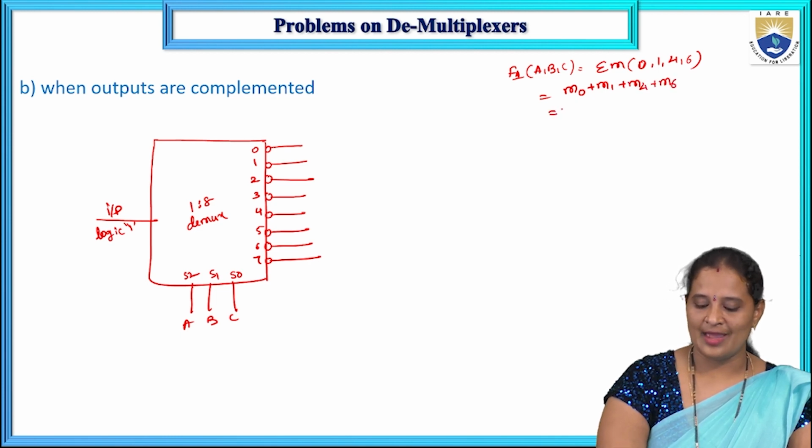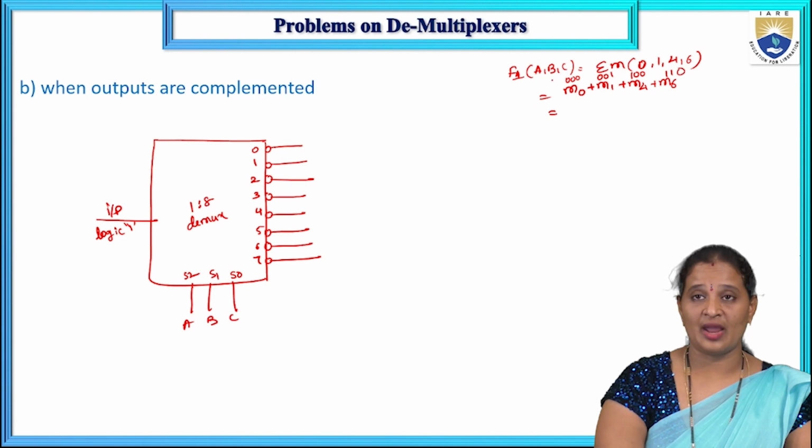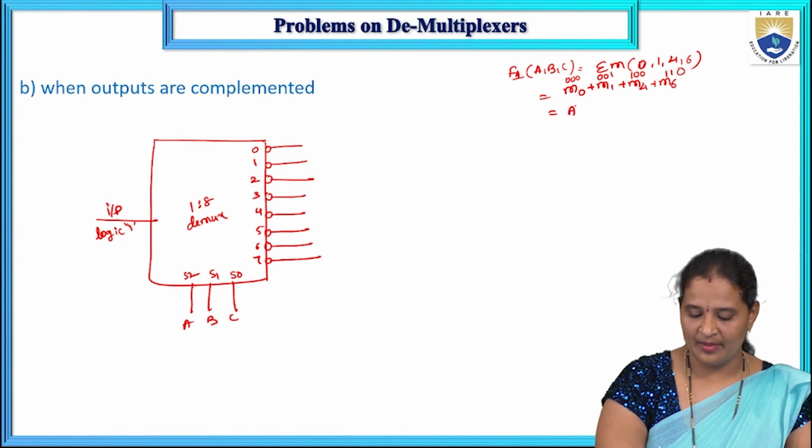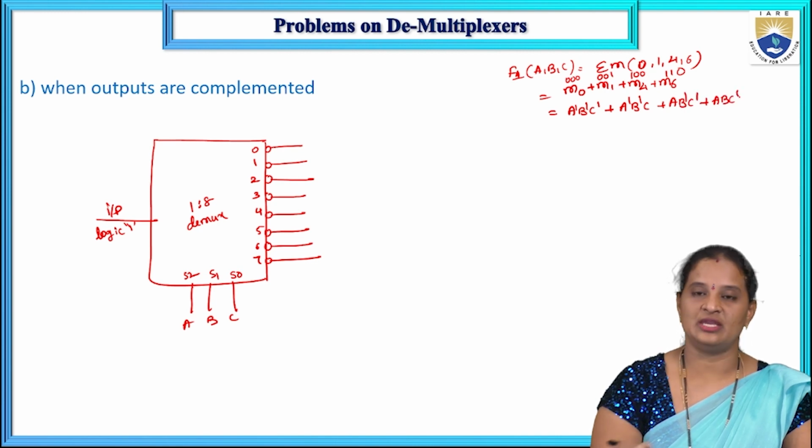M0 means the binary combination 0, 0, 0. M1 is 0, 0, 1. M4 is 1, 0, 0. M6 is 1, 1, 0. So the function is A bar B bar C bar plus A bar B bar C plus A B bar C bar plus A B C bar. So this is the function F1.